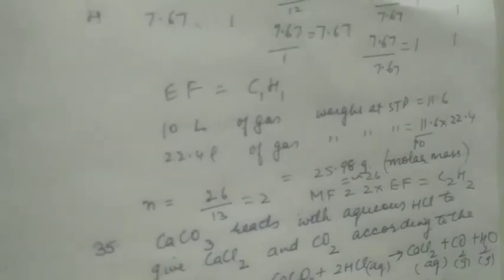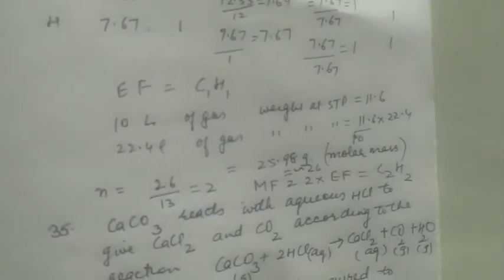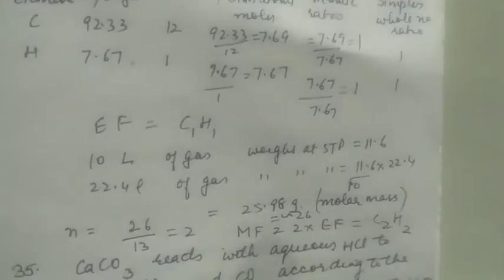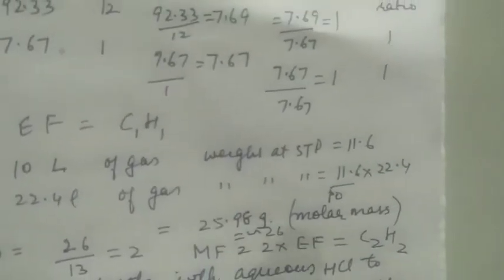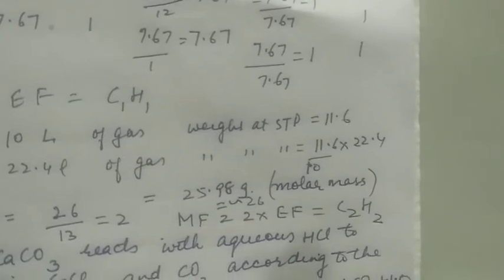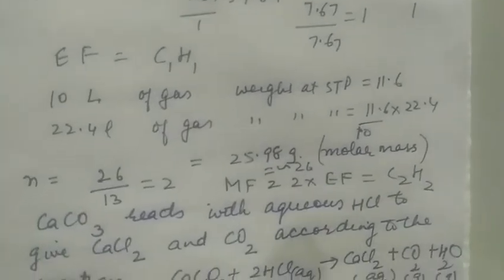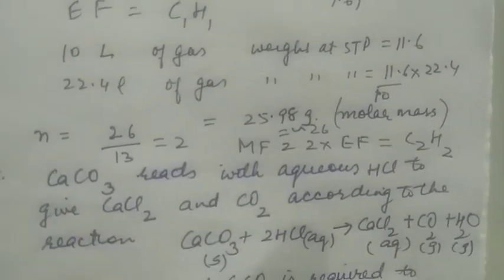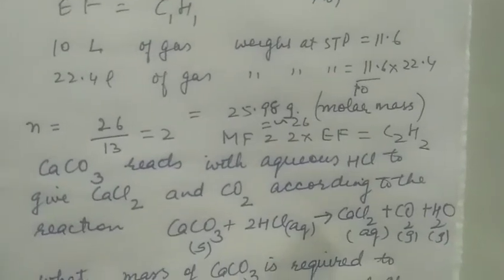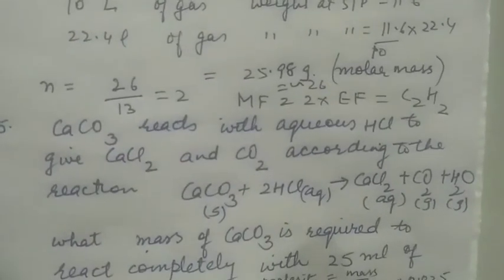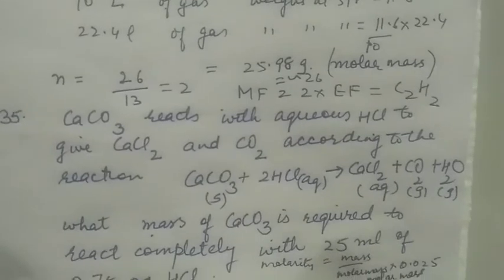Now we know 10 liters of the gas weighs 11.6 grams at STP, and 22.4 liters will weigh 11.6 upon 10 into 22.4, which comes out to be approximately 26.